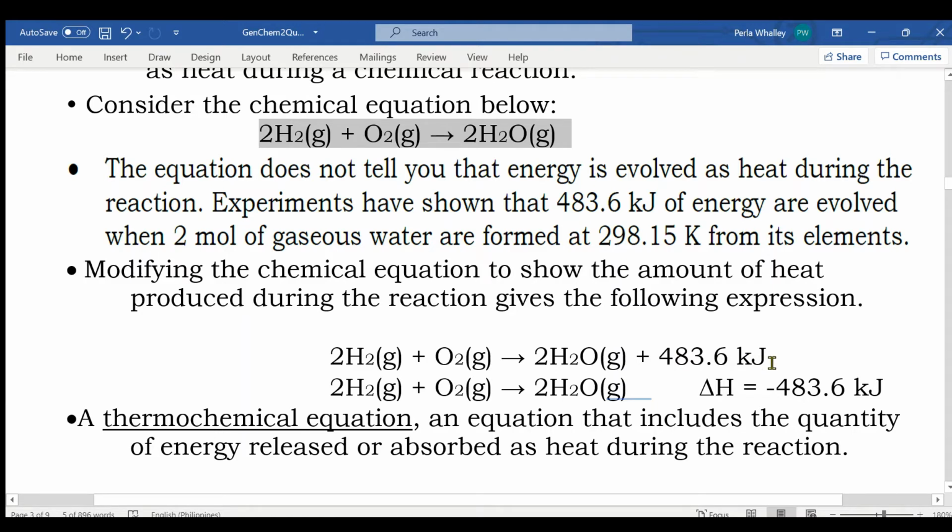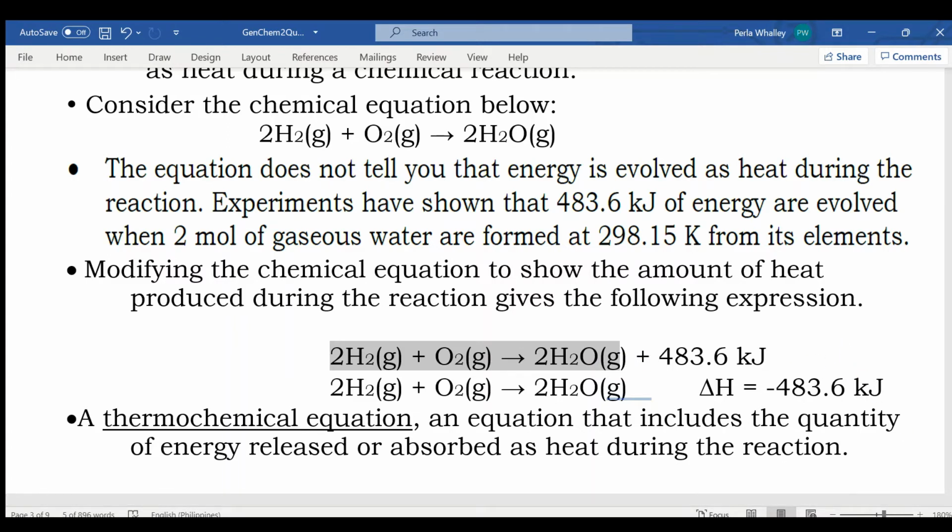So we can rewrite it as this one, plus 483.6 kilojoules of energy evolved or released, or it can also be rewritten like this.